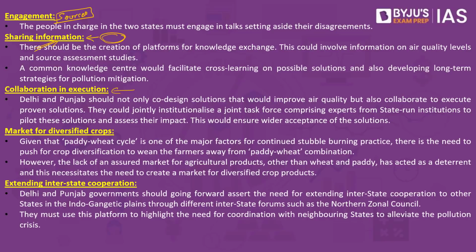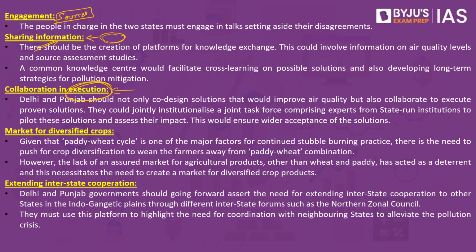One such example is the Pusa biodecomposer, or any other innovative measure, chemical, or instrument which is able to curb pollution. In all these cases, if there is a proven solution acting as a pilot project in some state or region, that should be exported to every other state and region.